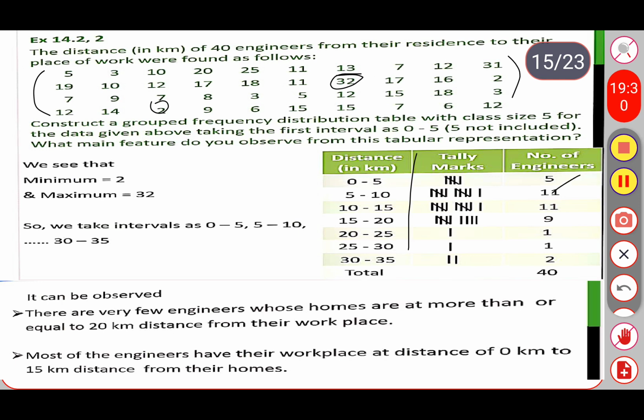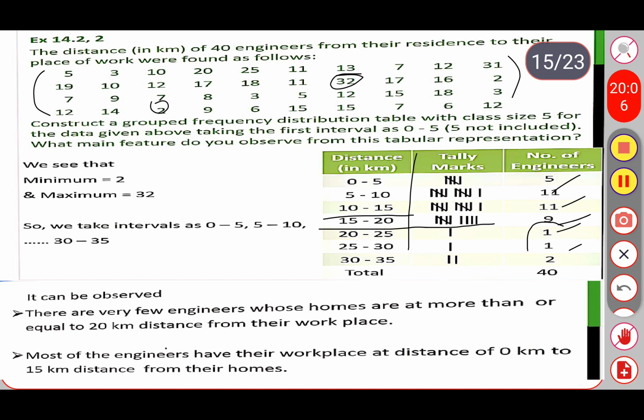Now see here, only 5 engineers are having their residence within 5 kilometers, and 11 engineers are having their residence from 5 to 10 kilometers. Again, 11 engineers are having their residence within 10 to 15 kilometers. 9 engineers are having their residence within 15 to 20 kilometers, and next one is only 1 and 1. 1 engineer from 20 to 25 and 25 to 30.